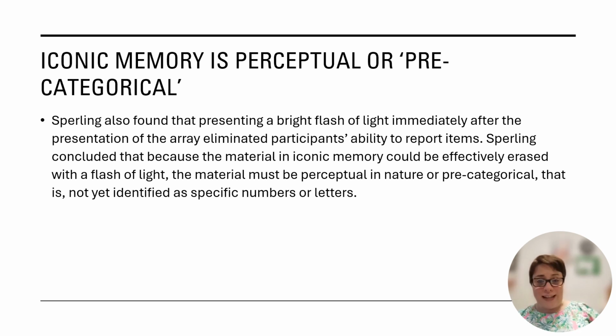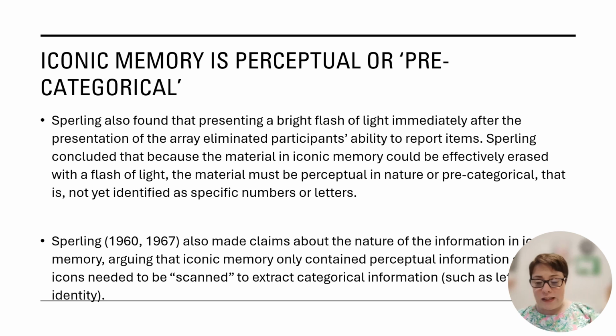So Sperling 1960 also made claims about the nature of information in iconic memory, arguing that iconic memory only contained perceptual information and that icons or stimuli in iconic memory needed to be scanned to extract categorical information, such as whether it's a letter or a number.